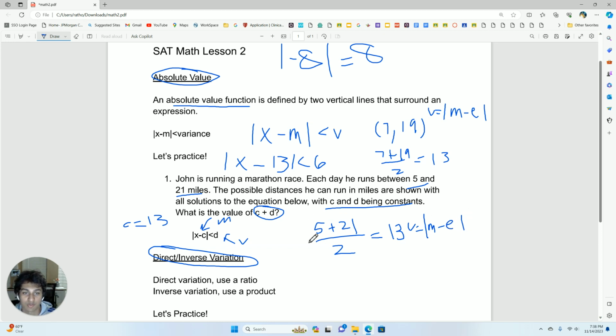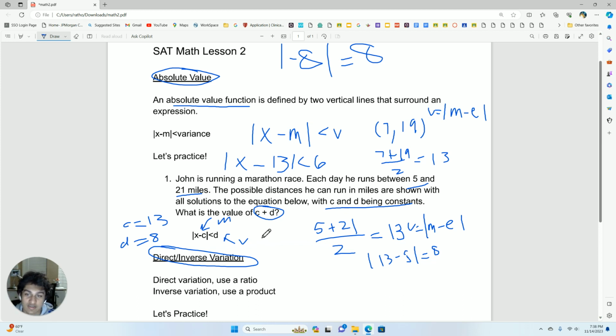If I choose the lesser one, for example 5, and the midpoint is 13, then the absolute value of 13 minus 5 equals 8. So that is our variance, and that gives us d, which is the variance.